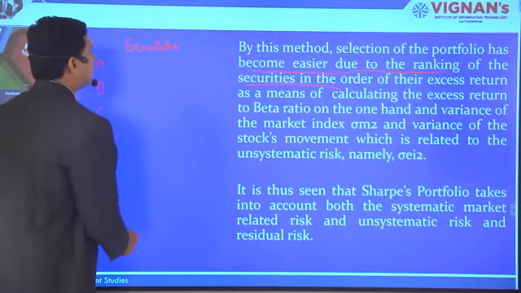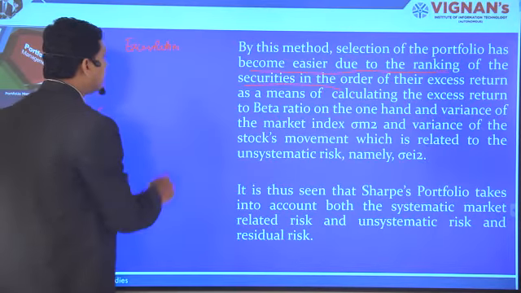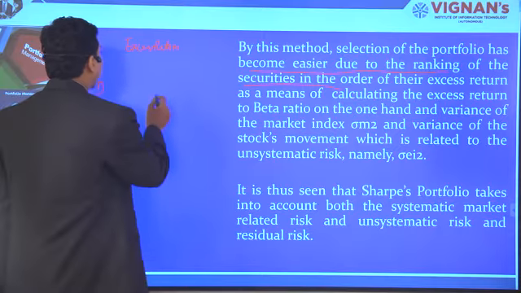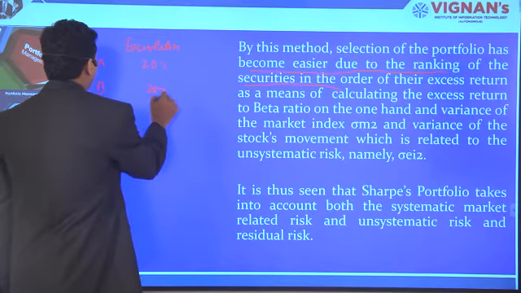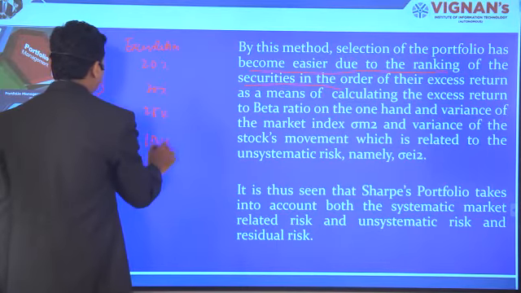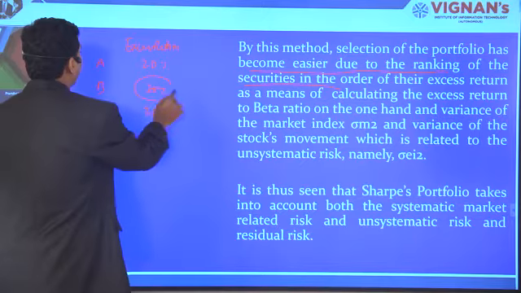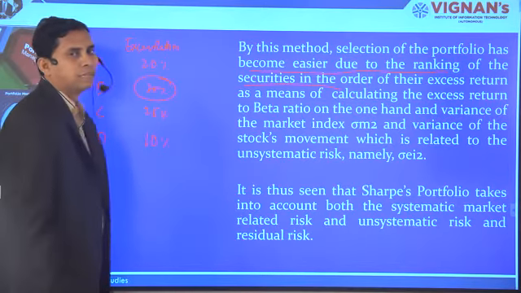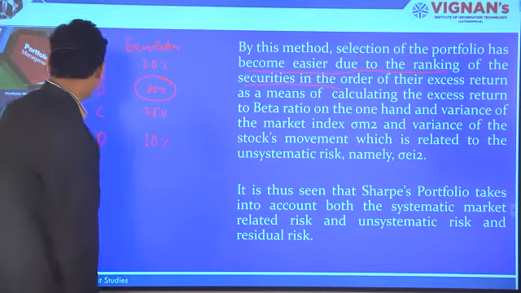This excess return is calculated, say, 20%, 30%, 25% and 10%, and then this excess return is the only criterion for selecting, or what we call ranking, the different portfolios.